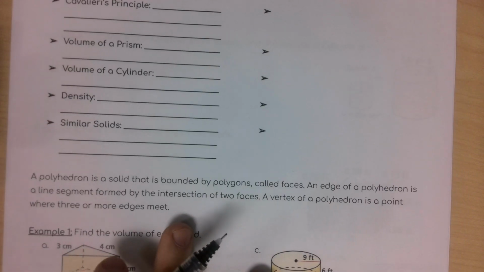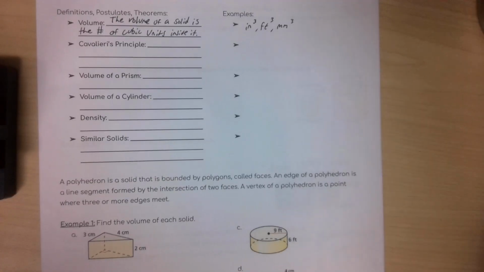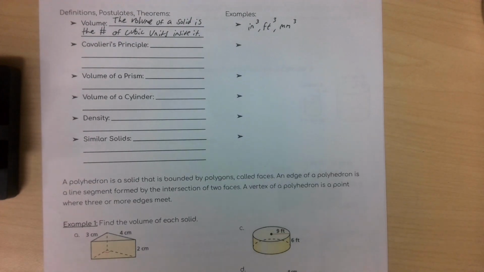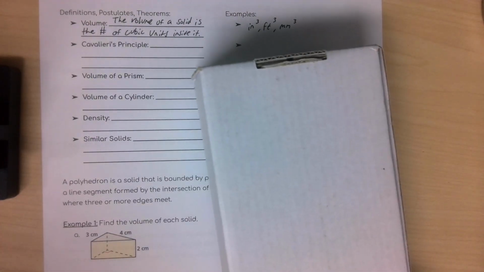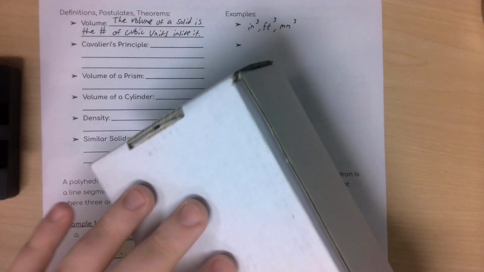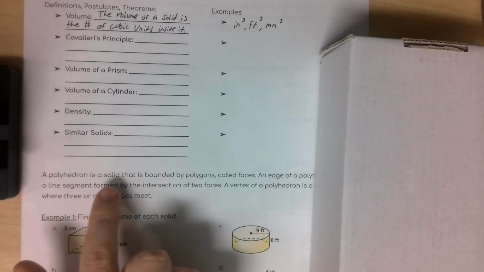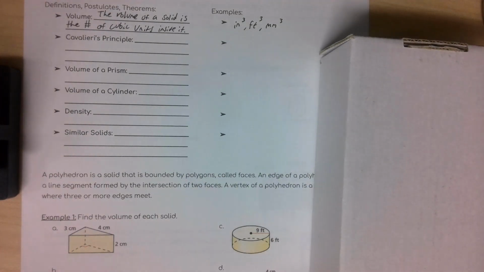We're going to start by talking about the volume of a prism. And now, what is a prism? A prism, in plain English, is a box shape. This is an example of a prism. It's got some edges, some faces, and some vertices. The sides of the box are called the faces.